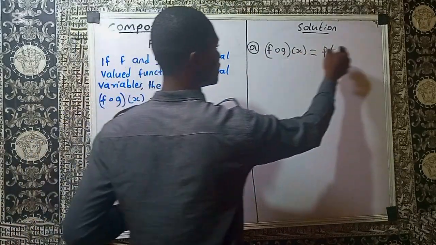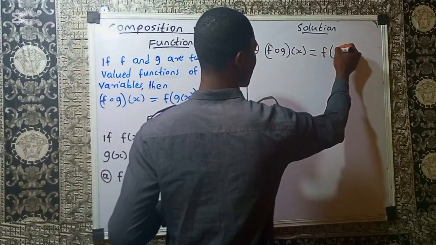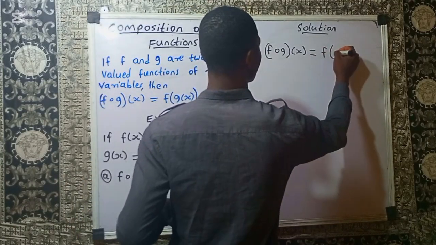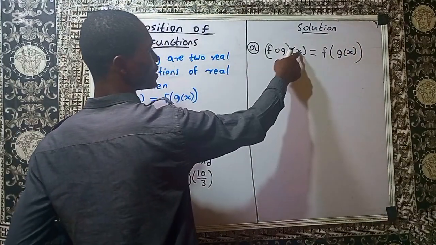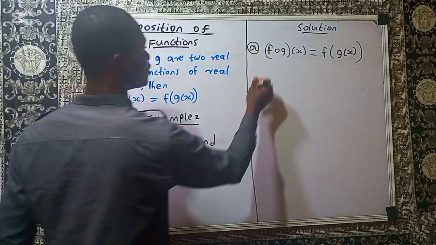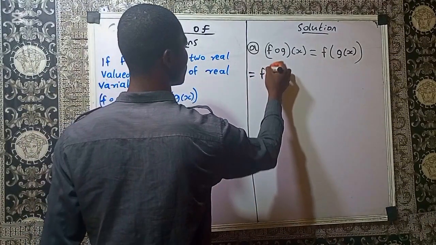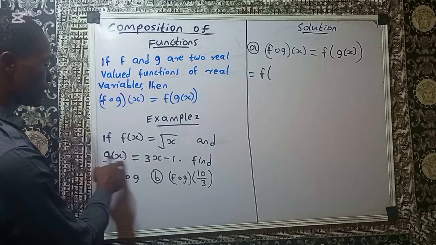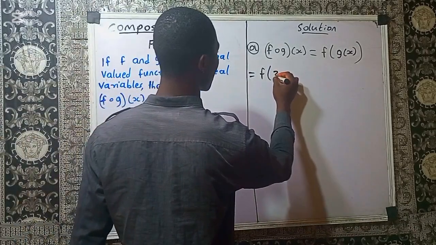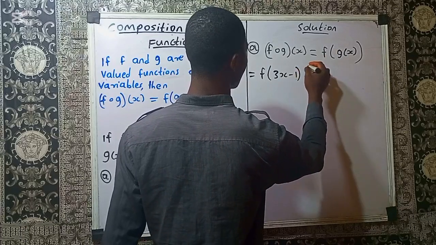So what will be inside f will be g of x. I'll put the second function inside the first function. So this is f of, what is g of x? They told us that g of x is 3x minus 1. You write 3x minus 1. That's the g of x.